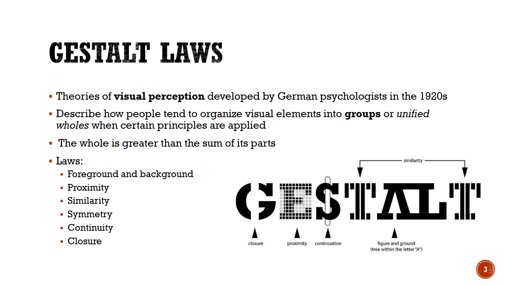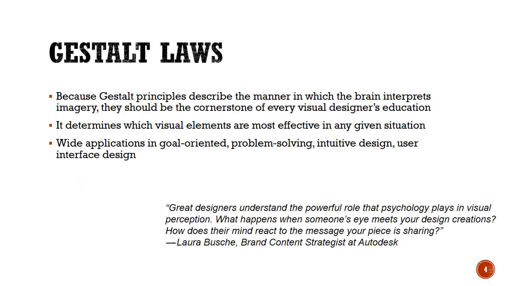And there are six main principles within the Gestalt laws, namely foreground and background, proximity, similarity, symmetry, continuity, and closure. Because Gestalt principles describe the manner in which the brain interprets imagery, they should be the cornerstone of every visual designer's education.